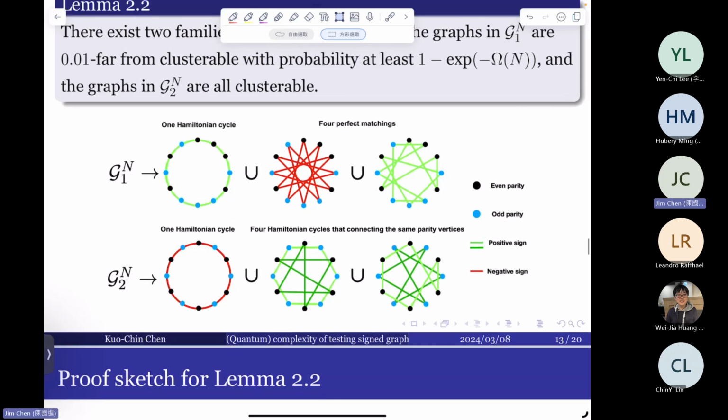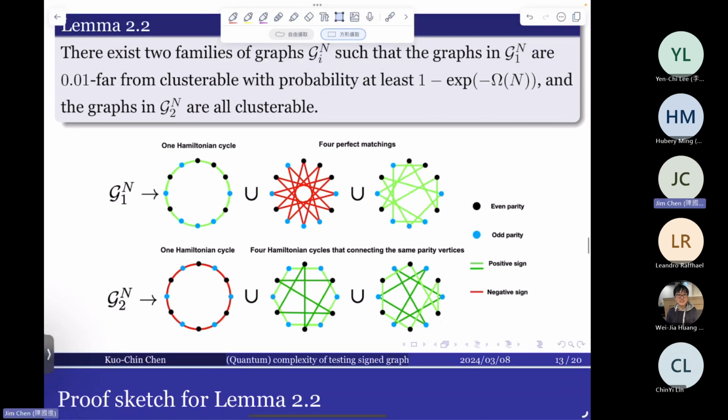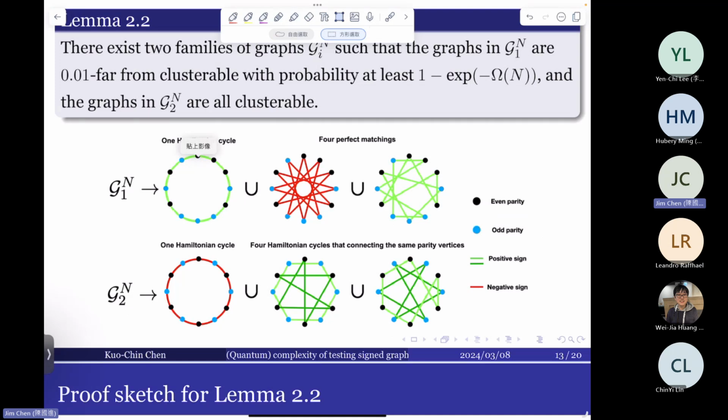By now we are considering a sign graph, so each edge is labeled positive or negative, and we use the green line to identify the positive edges and the red lines to identify the negative edges.